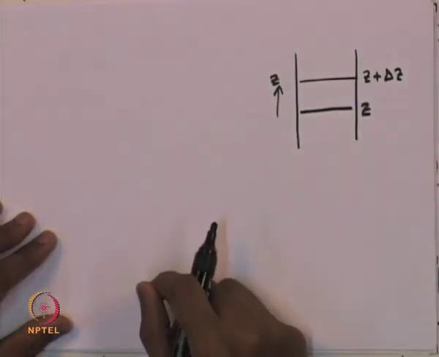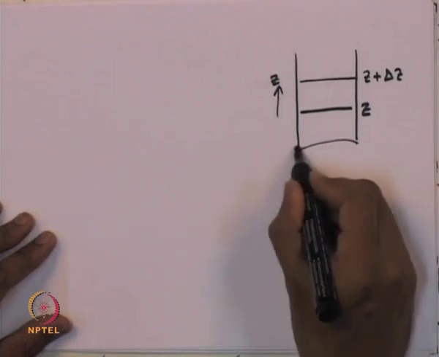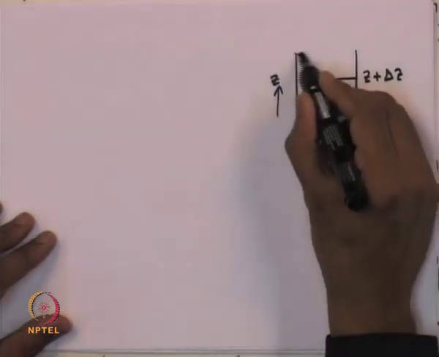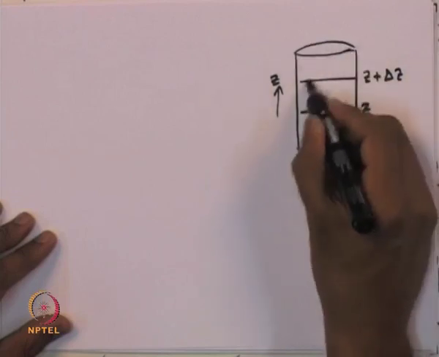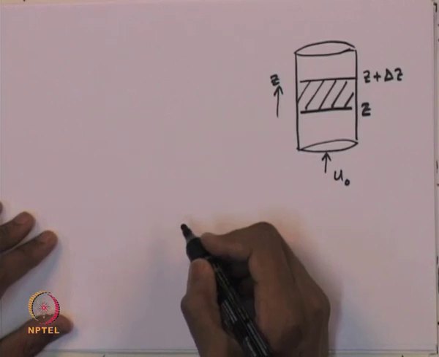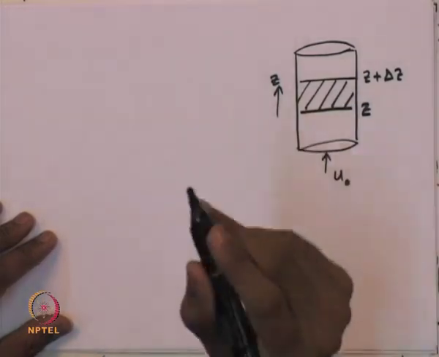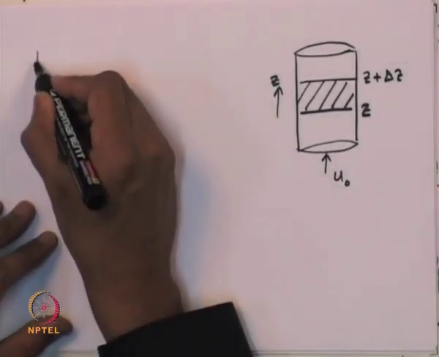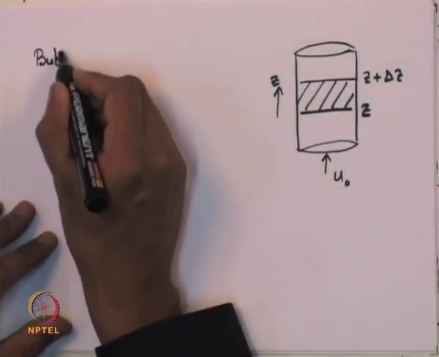Let us consider a fluidized bed reactor where the fluid is entering at a superficial velocity of u naught, and there is a small element between z and z plus delta z. If you assume that the upward direction of the fluid flow is the positive direction, then we can now write a mole balance for the bubble phase.